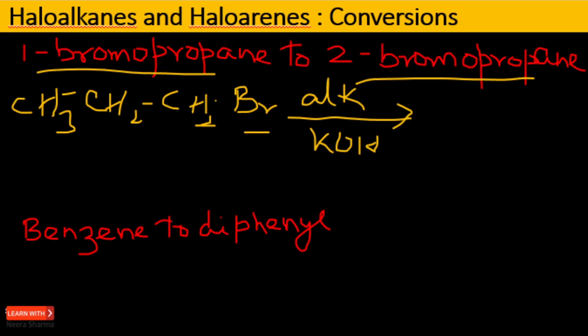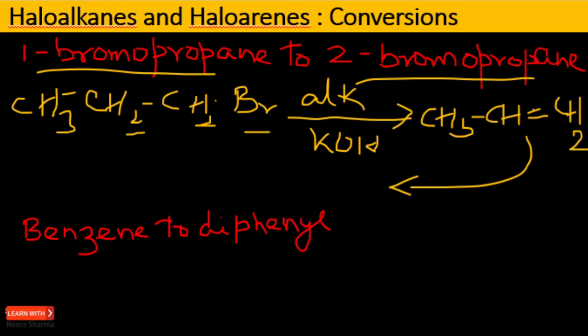With alcoholic KOH I'll get an alkene. So from this Br, the hydrogen from the next carbon is removed. I will get an alkene, CH3CH=CH2. Once I get the alkene, I want the halogen at the 2 position. So the hydrogen has to go to the 1 position, that means the carbon containing more hydrogens.